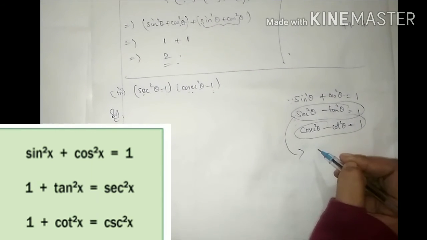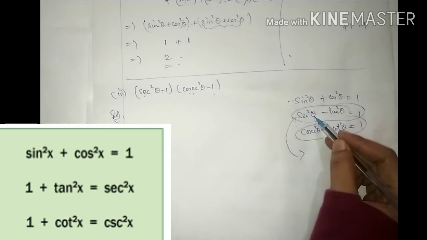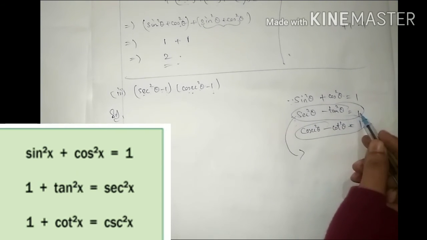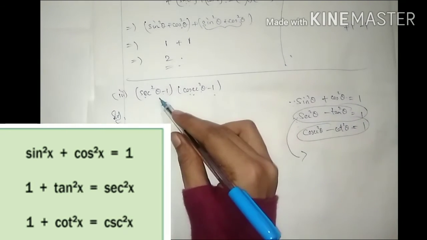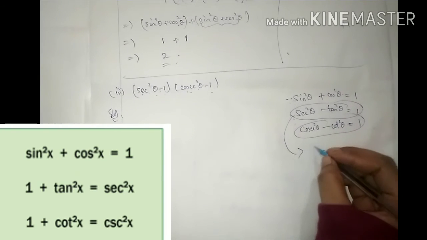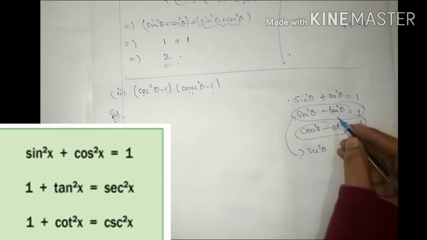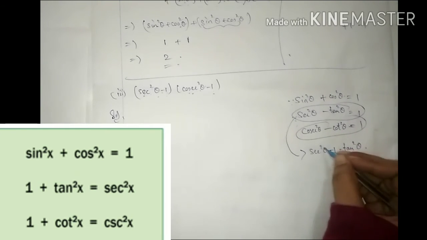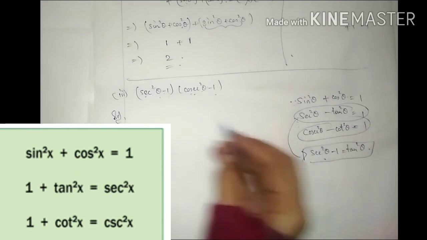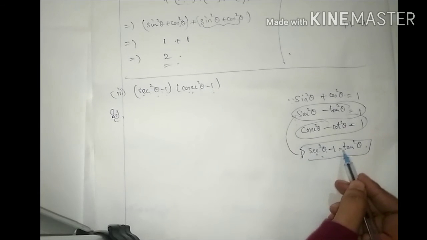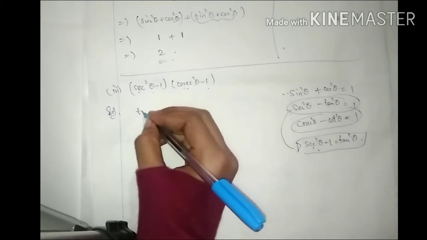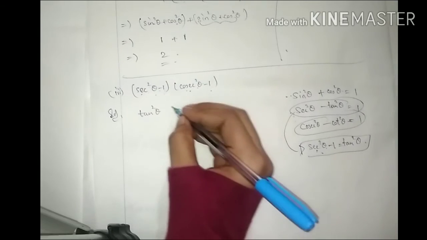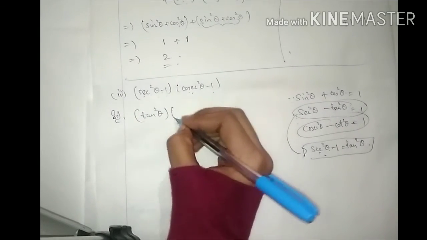For secant square theta minus 1: secant square theta minus tan square theta is equal to 1, we can change it. We want this now, so tan we will send to that side. Secant square theta minus 1 is equal to tan square theta. So we got secant square theta minus 1 is equal to tan square theta. Multiplication bracket is there.